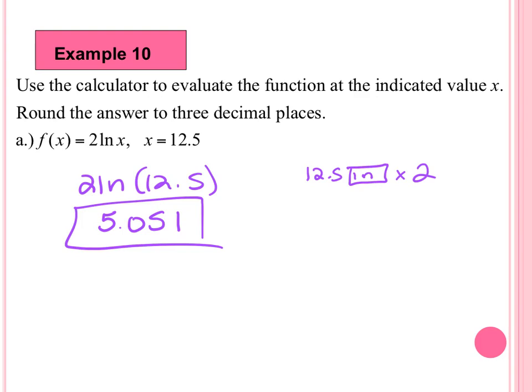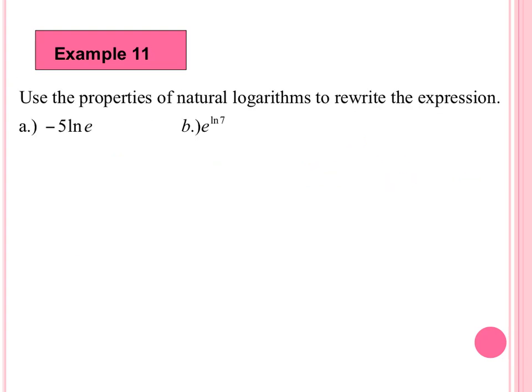No, 12.5 first. The graphing one you do this way, the non-graphing one you do the second way. So the graphing you go in natural order, okay? Exactly how it's written, because that's how it stores it.